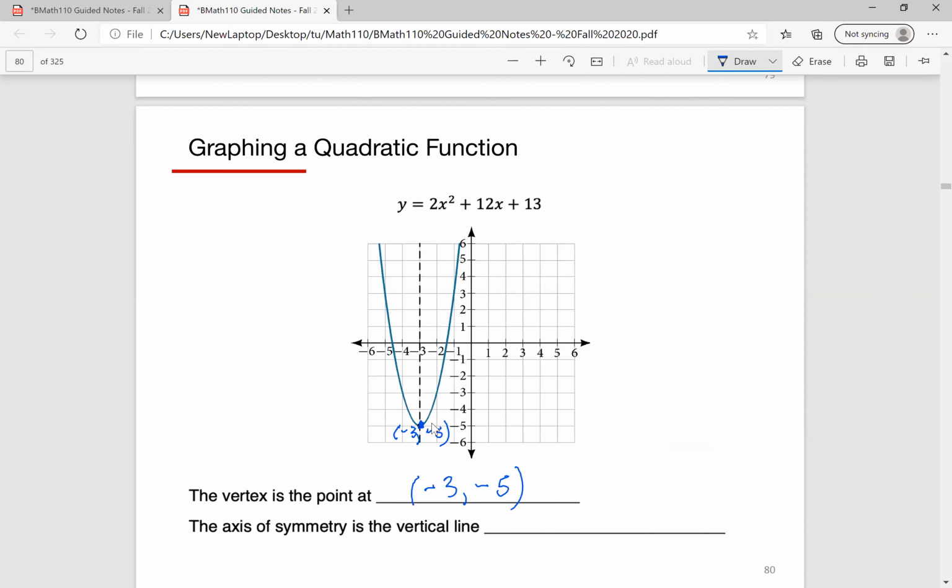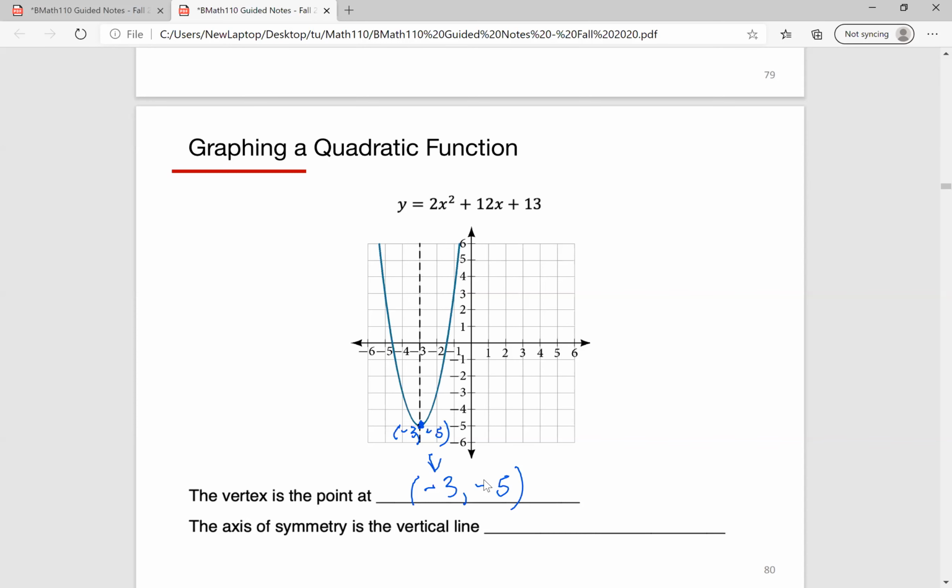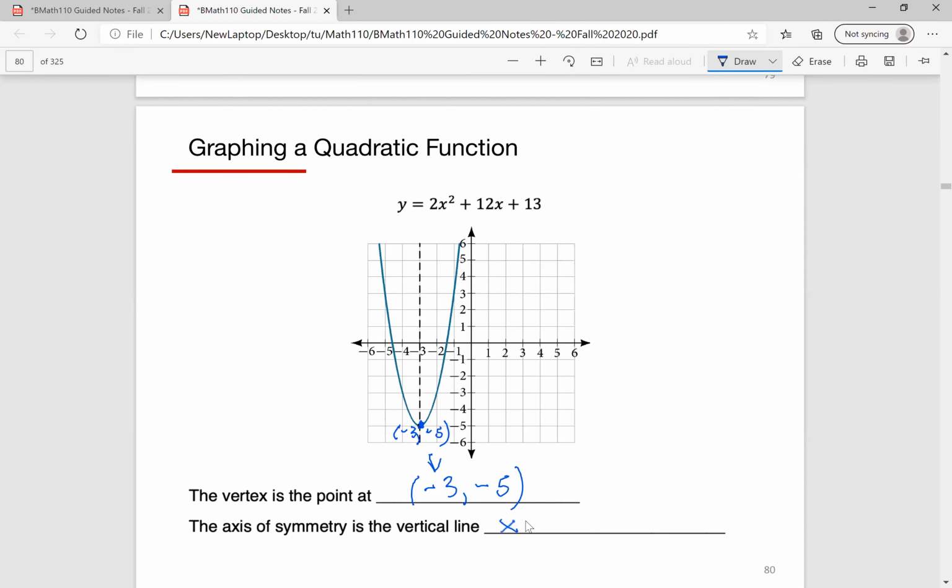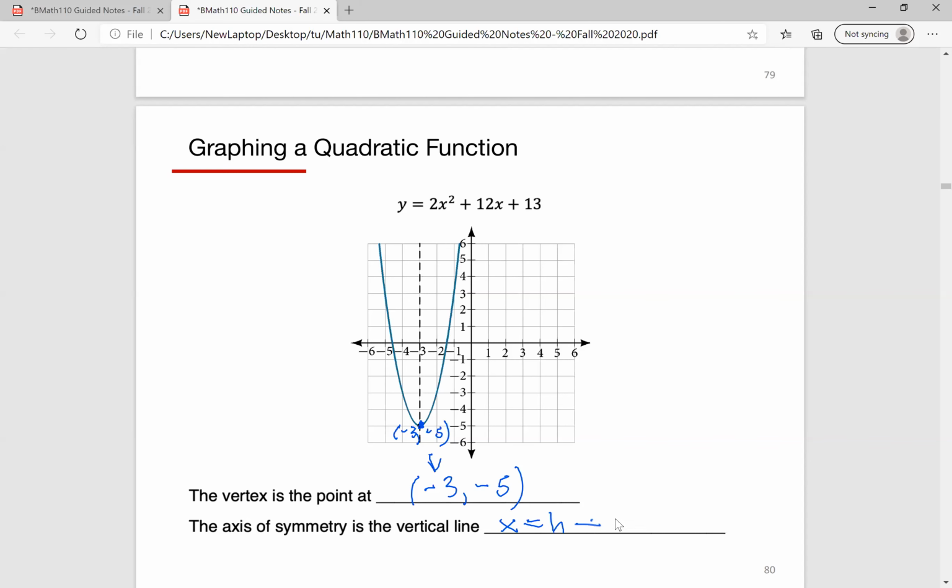Okay. And the axis of symmetry is a vertical line that goes through h. Okay, or I'm going to say x equals h, which means that x equals negative 3.